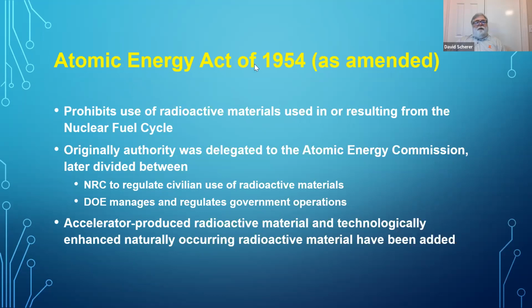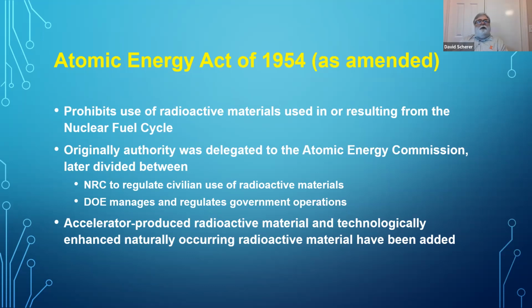Okay, I will mention that there's a law that's very important for health physics, for regulation of radioactive materials, the Atomic Energy Act of 1954. It's been amended a number of times, but it's the basic law that establishes radiation safety in the US. The Atomic Energy Act of 1954 prohibits the use of radioactive materials used in or resulting from the nuclear fuel cycle.